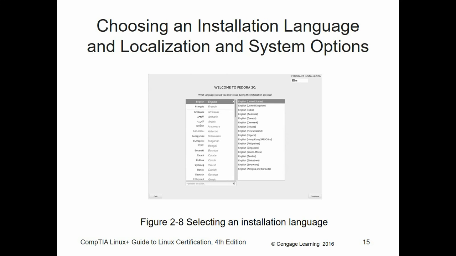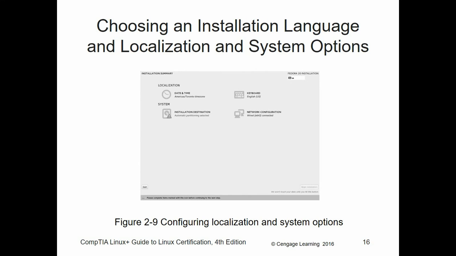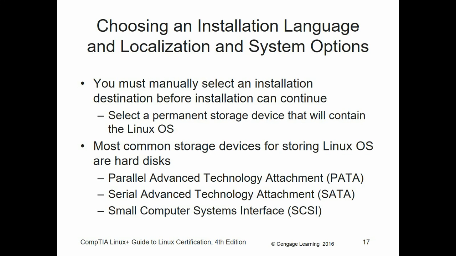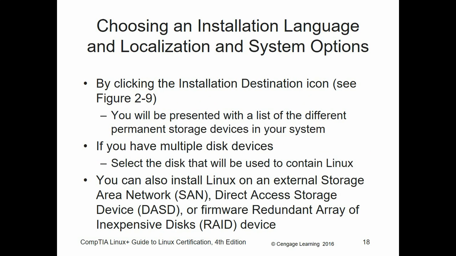This is Fedora, so the disk that you have, it asks us for this information. You need to manually select your destination before installation and can continue. And these are the storage devices that we may use.